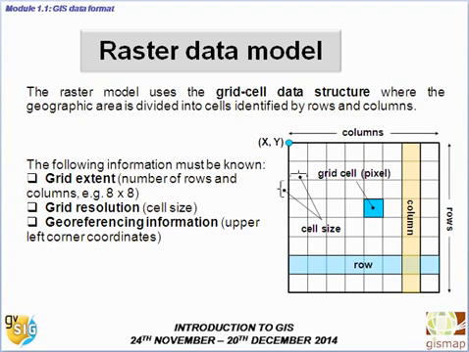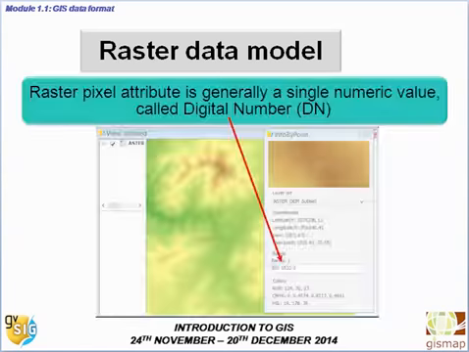What we have to know about the raster data model: the origin, XY, is top left, the grid extent, I mean how many rows and columns are in the raster, and the grid resolution, the cell size, as well as the georeferencing information. As I told you before, in the raster data model there is one digital number, and in an image such as a digital elevation model, the digital number represents the elevation, for example.